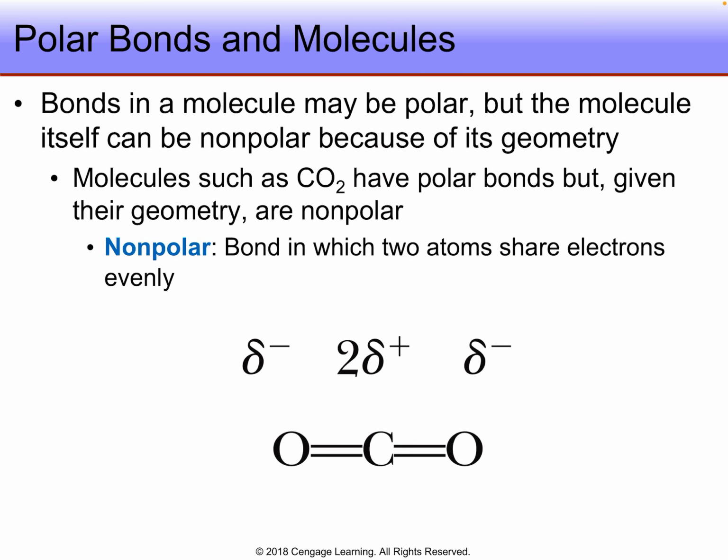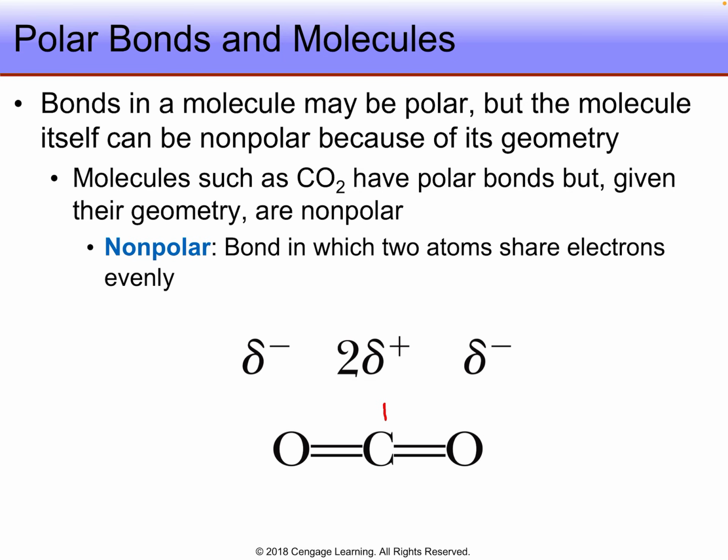Carbon dioxide is a linear molecule, and this is an example of a molecule that has polar bonds, but the molecule itself is nonpolar. So as we said, a carbon-oxygen bond is polar, and a double bond between carbon and oxygen will also be polar.